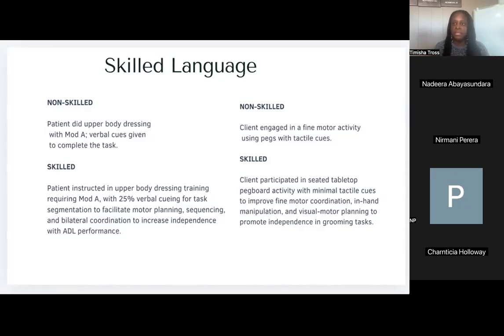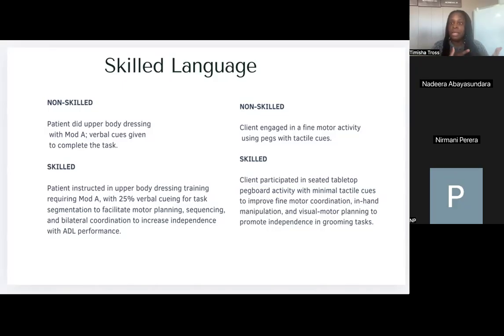Whereas the skilled note, me as the therapist coming in after the person, this gives me a lot more meat. And also, this is going to look really good for reimbursement purposes because a lot of times the insurance companies are going to be looking for more context. Okay.